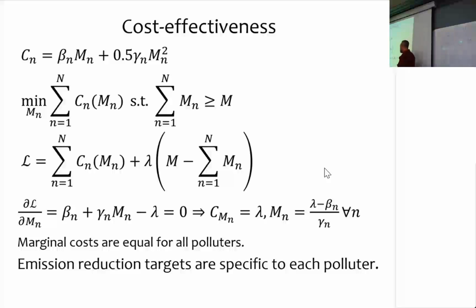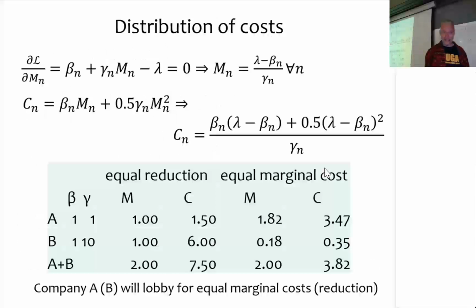But the emission reduction targets are different for each company, right? For each polluter. Because it depends on their cost function, right? And that implies that we have a different distribution of cost, right? So I found this solution, stick it back into the cost function, and the costs of emission reduction for company n are this function here.